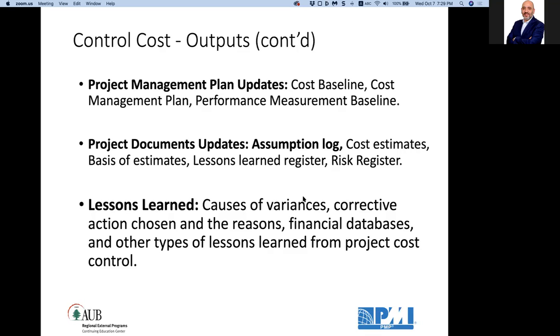I also need the causes of variances. Why did I get variances? Why were we late? Why did we spend extra money? What is the reason? What corrective action can we choose? What are the reasons for it? Updates to financial databases and other types of lessons learned from the cost control process.